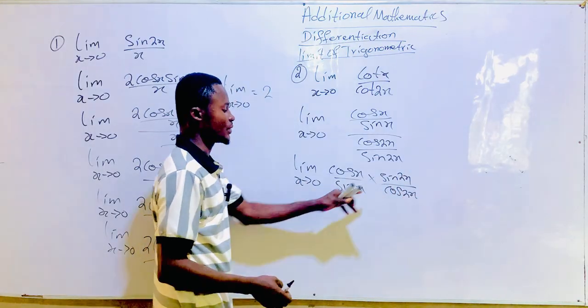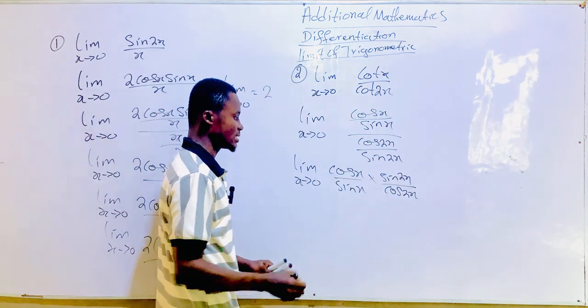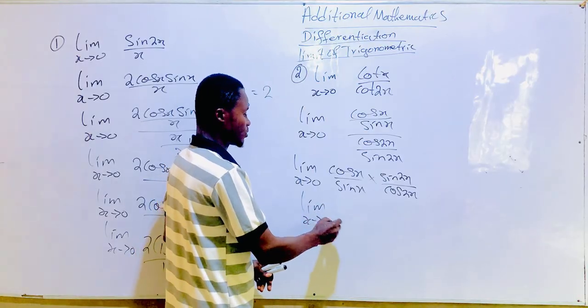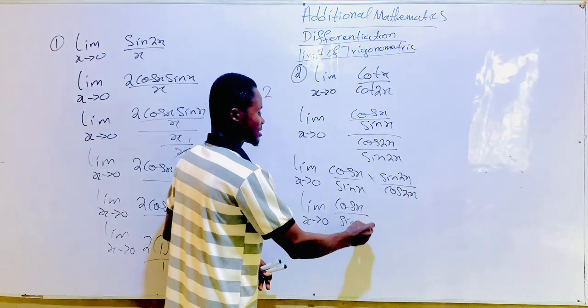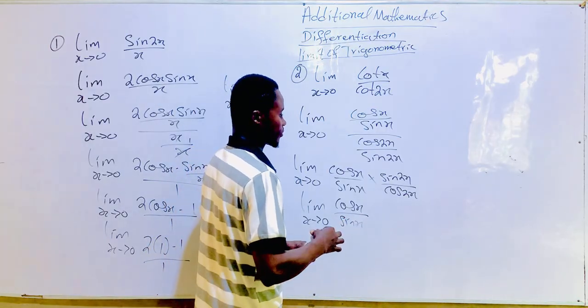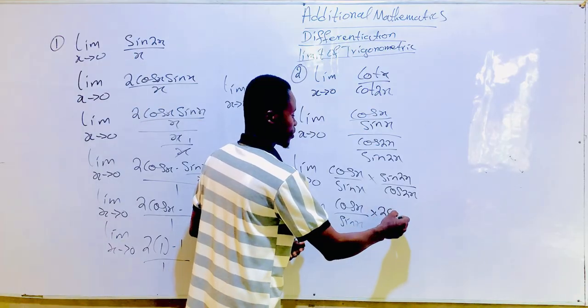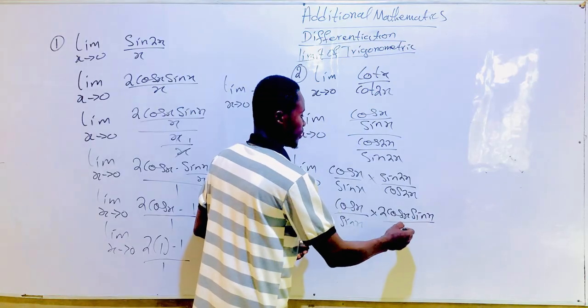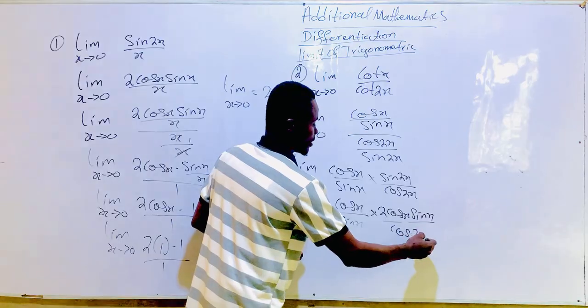Now we can see that we have an identity occurring here, so we have to replace that too. That will be the limit as x approaches 0 of cos x all over sine x, times 2 cos x sine x all over cos 2x.